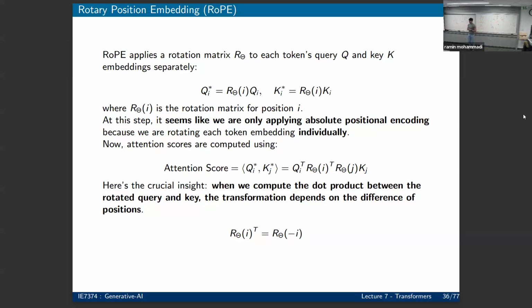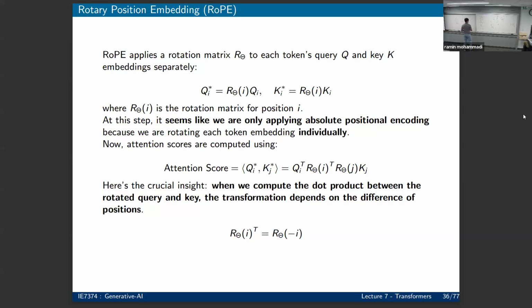Now let's see the impact of that multiplication. If you transpose, the transpose swaps the order, so you get Q transpose R K, right?